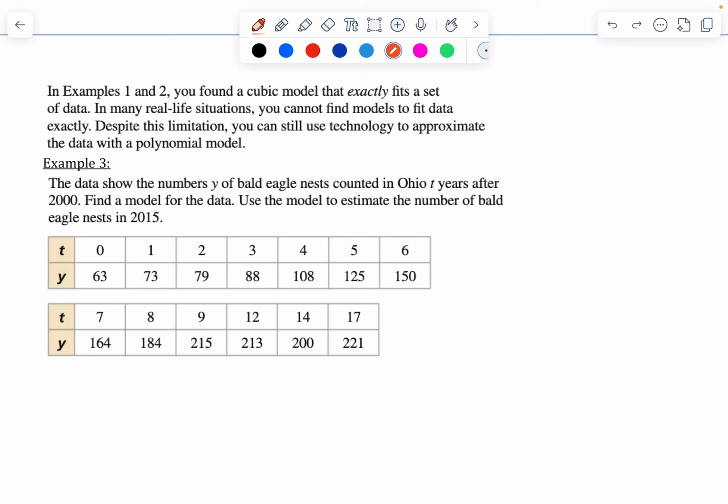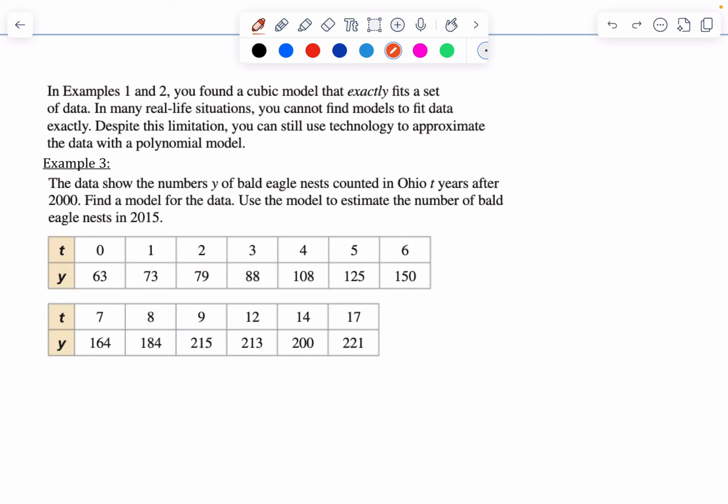Plug in those values, so 0, 1, 2, 3, 4, 5, 6, 7, 8, 9, 12, 14, 17. Again, make sure that you're typing that into the X column and you're leaving the row with the 0 blank.